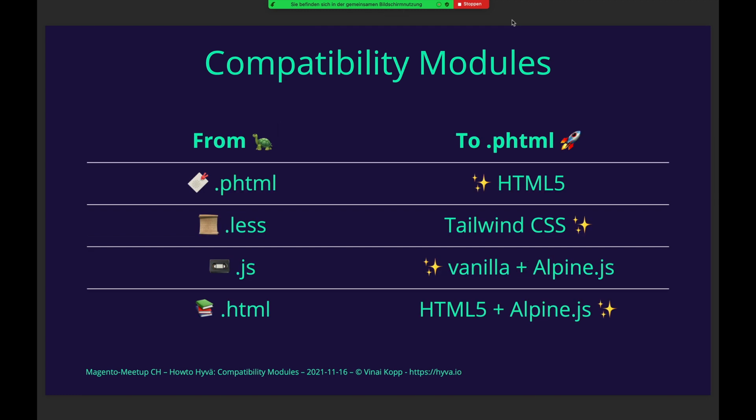But of course, not all PHTML is the same, right? And in particular, one of the big differences between Hyvä and Luma-based templates is that in Hyvä, we generally use HTML5. So a lot of the nice things that make a website interesting and interactive, back when Magento 2 was being built, JavaScript like jQuery had to be used to build these things.